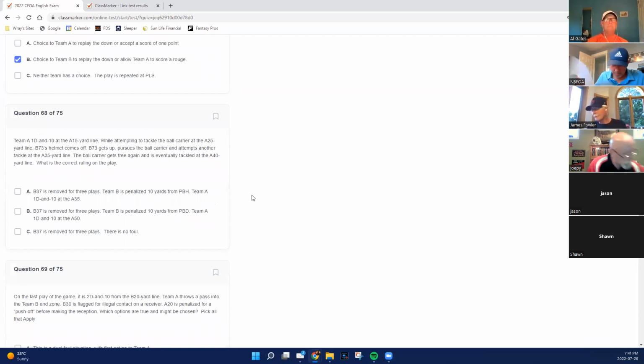Yep. Okay, 68. Team A, first down and 10 at the A 15-yard line. While attempting to tackle the ball carrier at the A 25-yard line, B 73's helmet comes off. B 73 gets up, pursues the ball carrier, and attempts another tackle at the A 35-yard line. The ball carrier gets free again and is eventually tackled at the A 40-yard line.